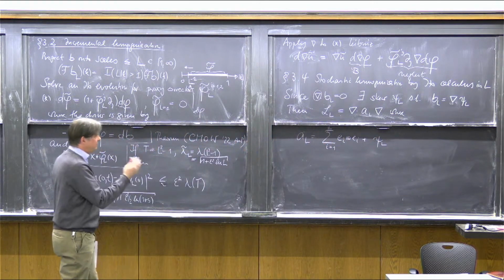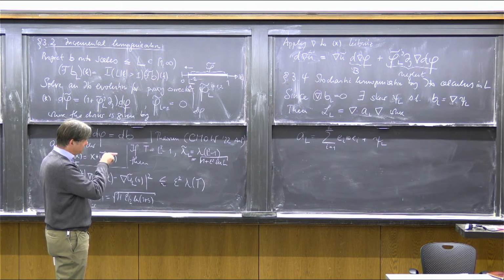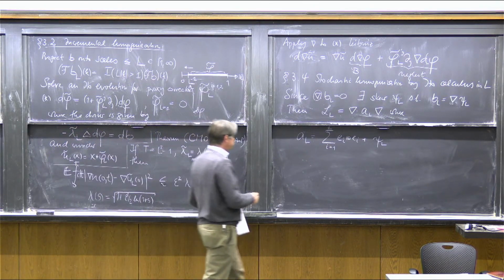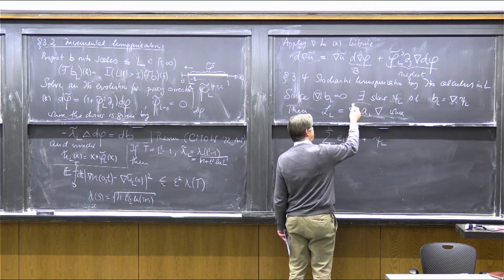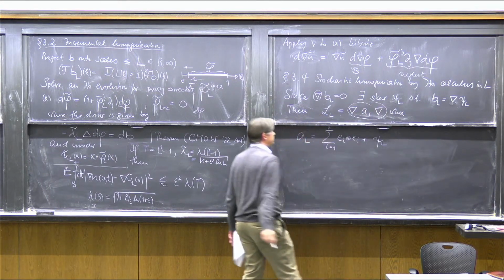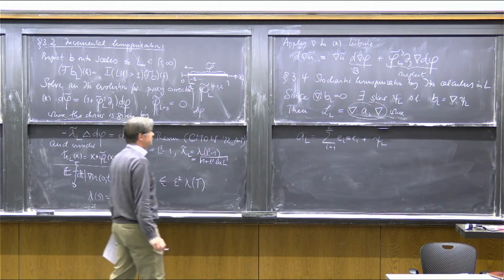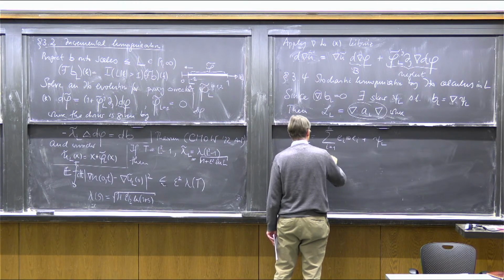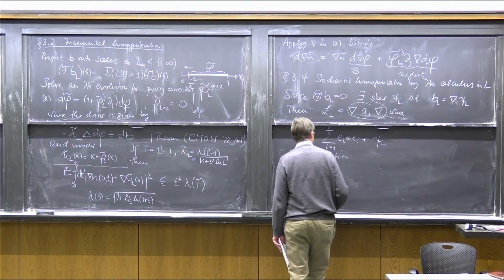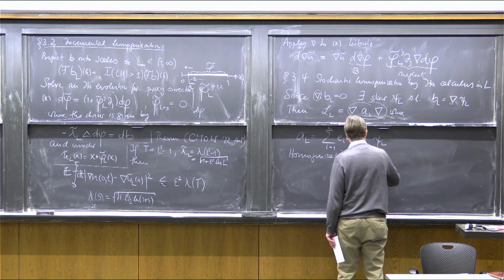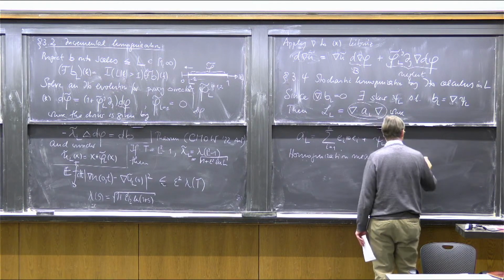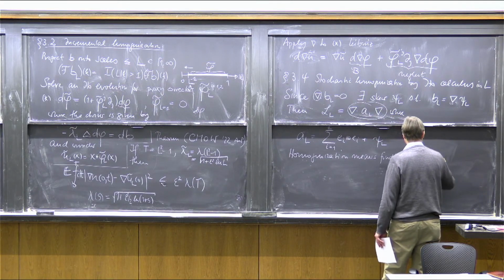So you can hide a divergence-free drift in a diffusion matrix at the expense of making the diffusion matrix non-symmetric. But then we're in a certain sense in the realm of second order elliptic equations in divergence form, and homogenization means essentially finding a pair of a corrector and a flux corrector.